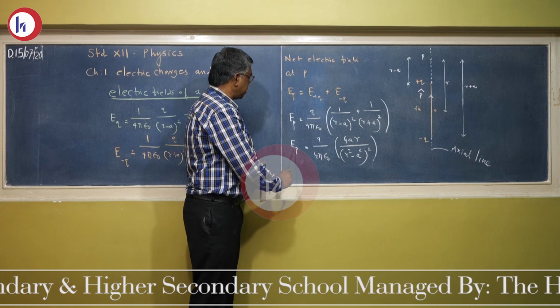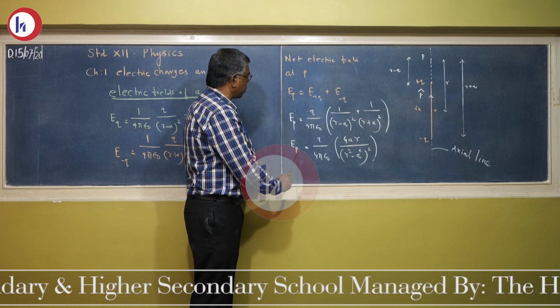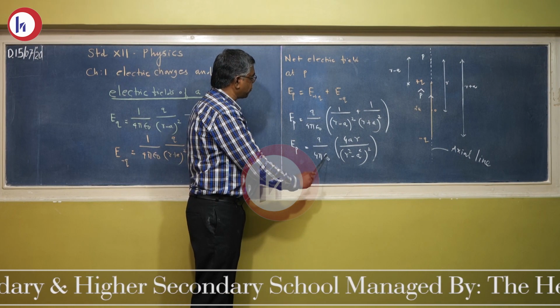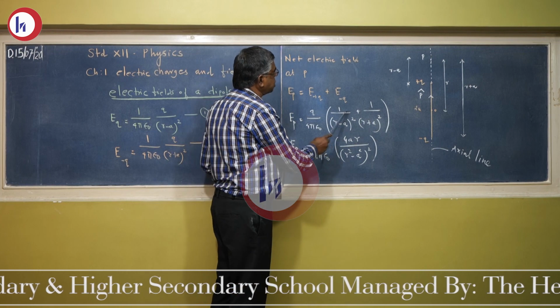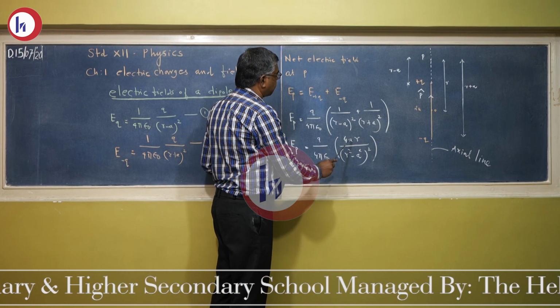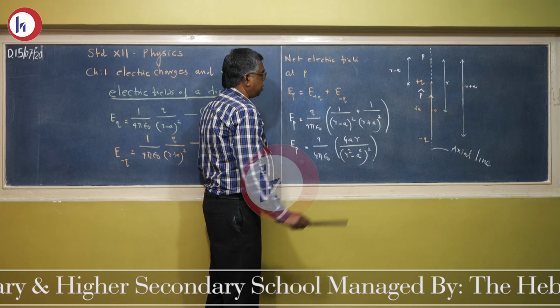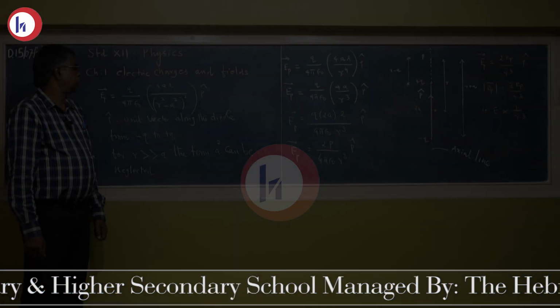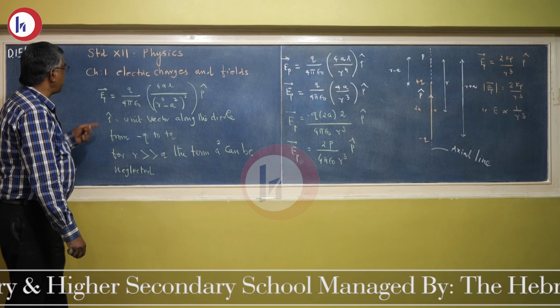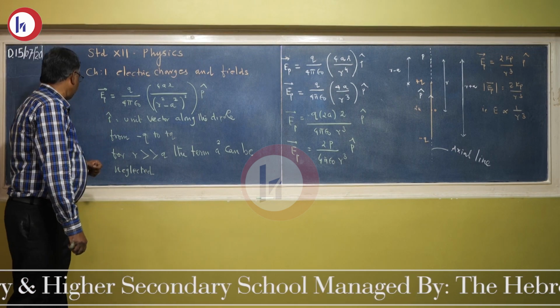That means the electric field at point P equals Q upon 4 pi epsilon 0, and taking the LCM of both, you will get the answer 4ar upon (r square minus a square) whole square. Hello children, the same result you can write in vector form.